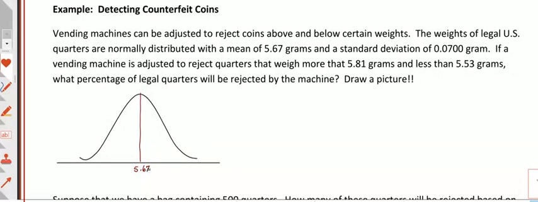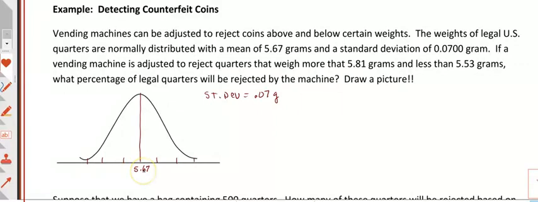So I know that much, and it says my standard deviation is 0.07 grams. Remember, with the normal distribution, we go up and down one standard deviation, up and down two standard deviations, and up and down three standard deviations. So we can use the 68, 95, 99.7 rule.